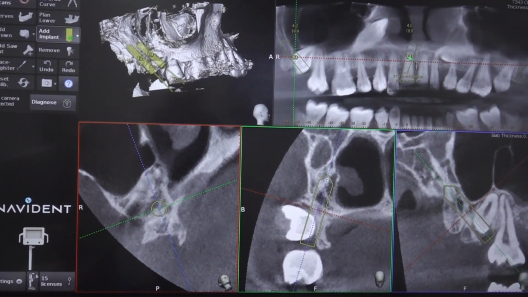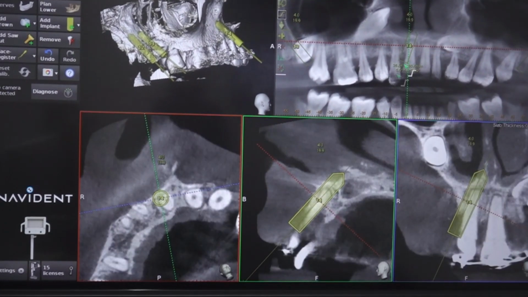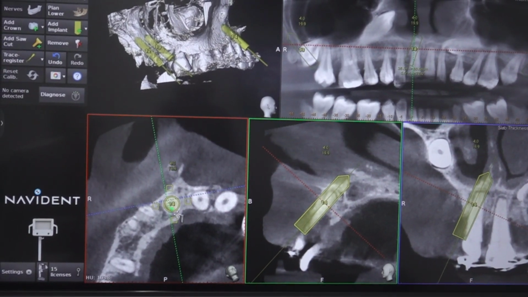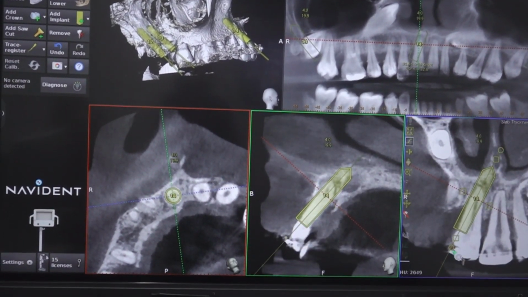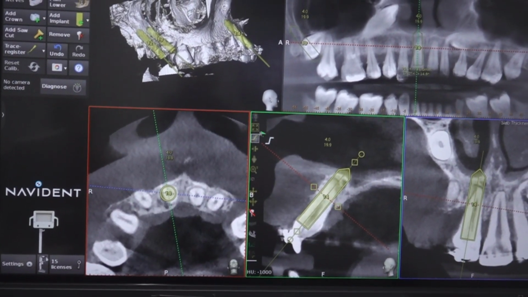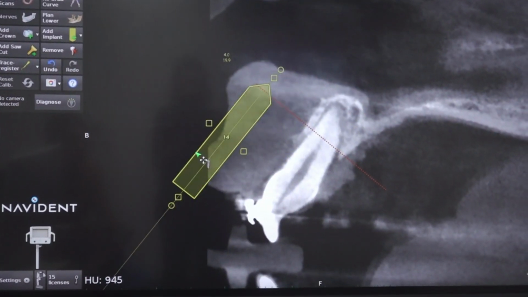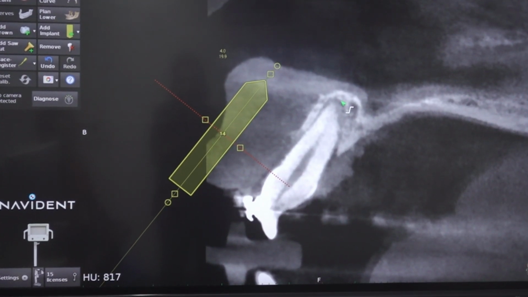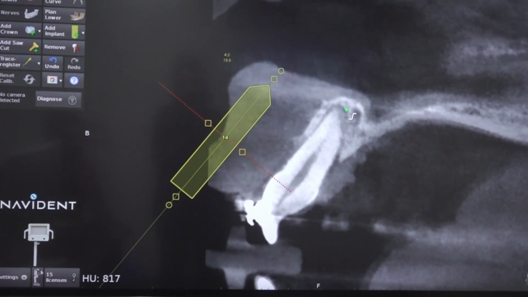Now we'll see the anterior implant, 112 implant. Very poor situation here. See, beyond the apex there is nothing left. 2 mm bone is there.